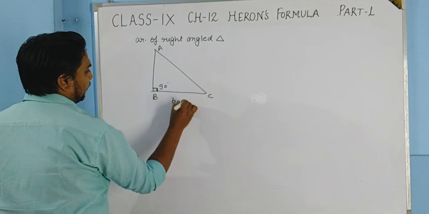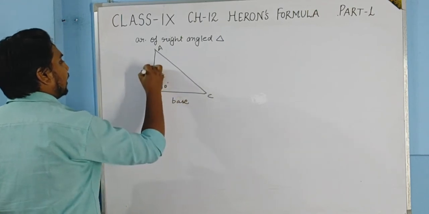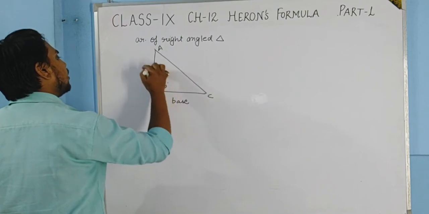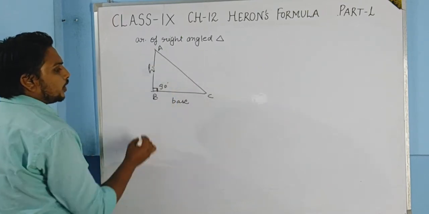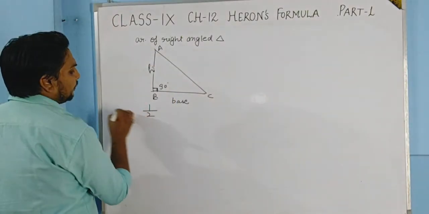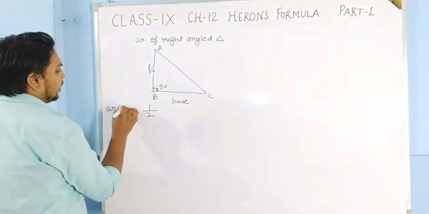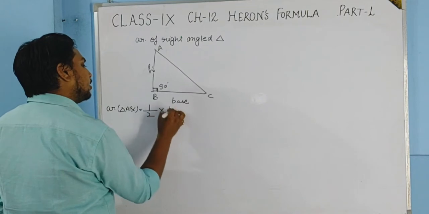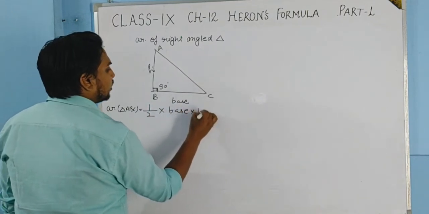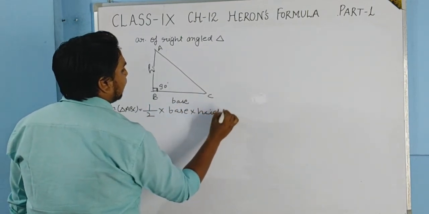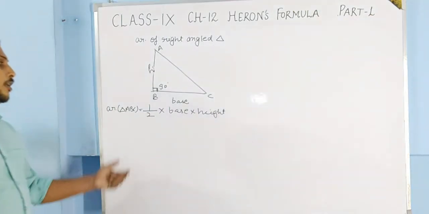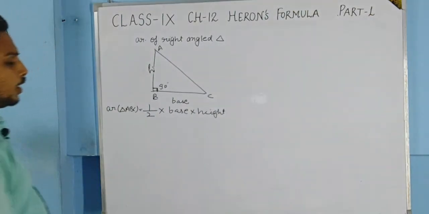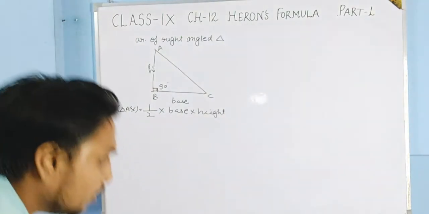Here the base is BC and this is the height of the triangle. So here we can directly apply the area of triangle ABC. Height and base are given, so it is the same formula that we have studied in earlier classes, half into base into height, and it will be applied for a right angled triangle.